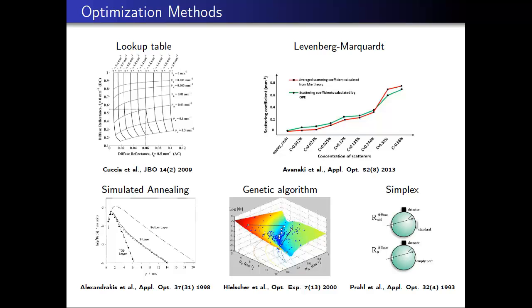Well, Alexandrakis right here used a 2-layer model. I don't know how many layers are in your application, but there's a standard diffusion solution for a layered tissue. It relies on the fact that the top layer is thicker than L star.